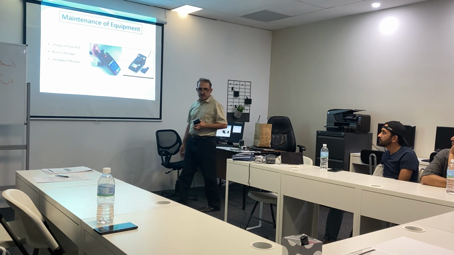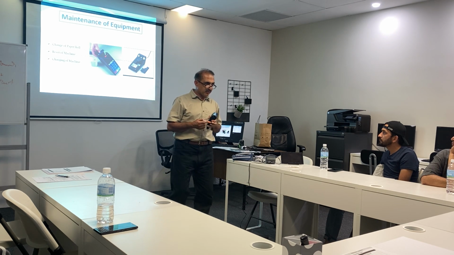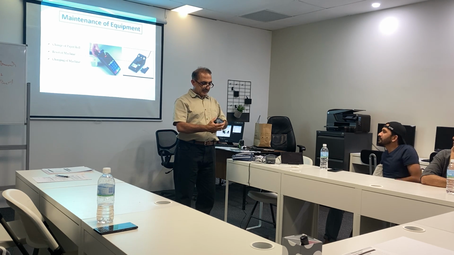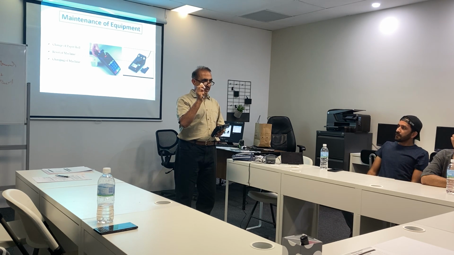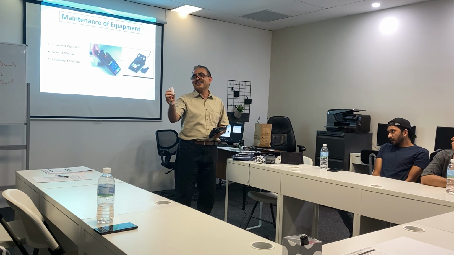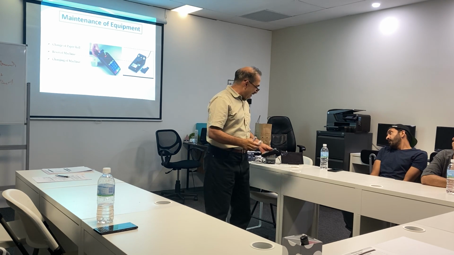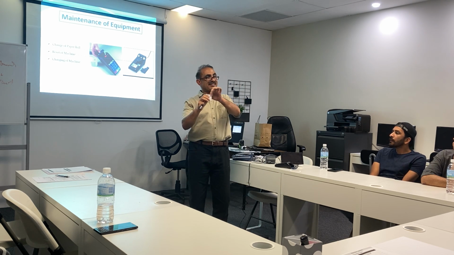So do you know how to change the roller of this machine? Print roll? The print roll, normally what we do is just take this out. That's the roll. When the roll is near to finish, it starts with a red tape.